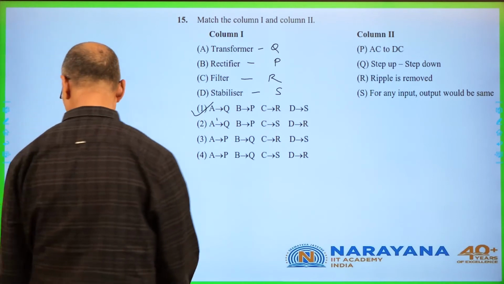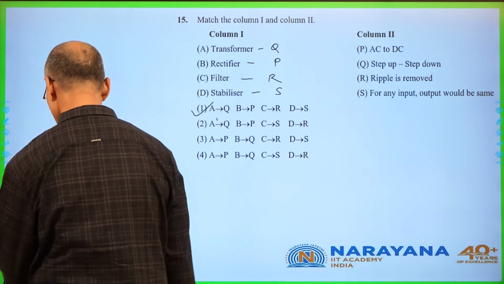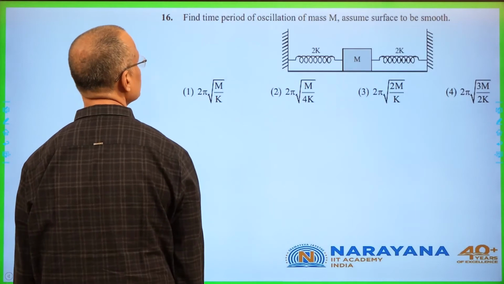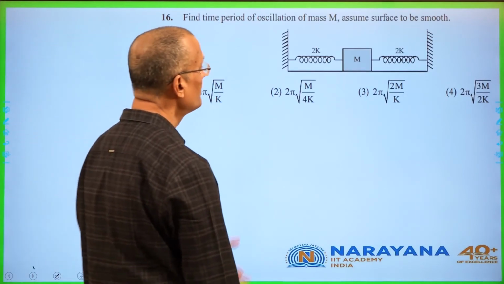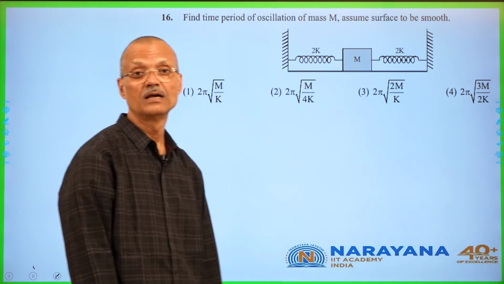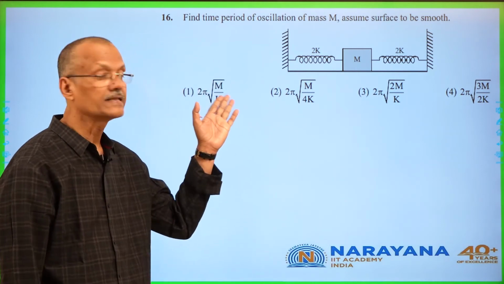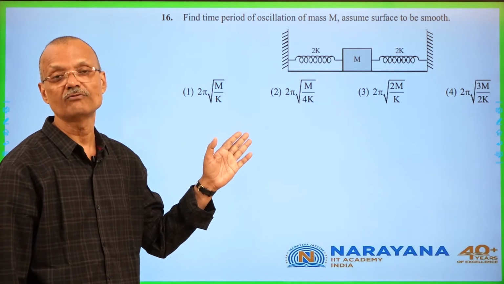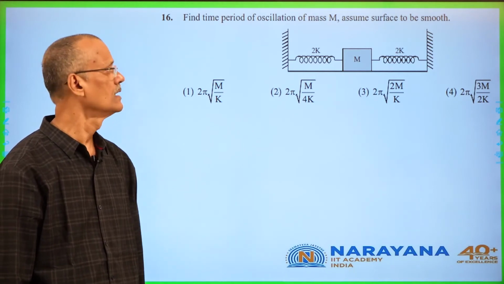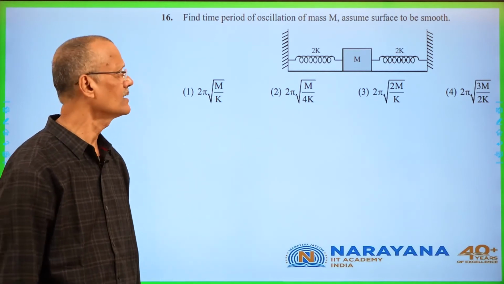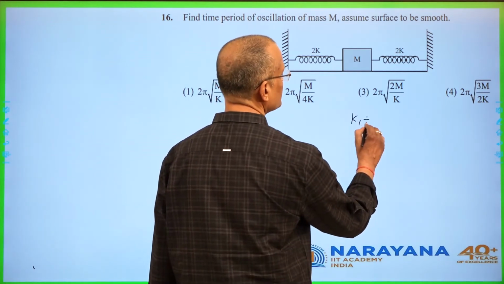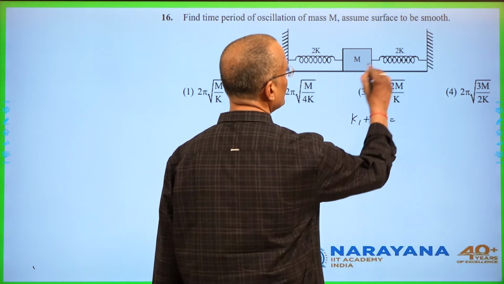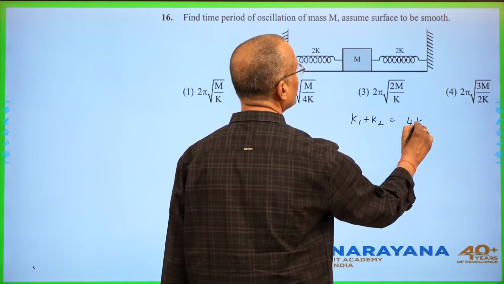Let us move now to next question. Question number 16 now. Time period of oscillation. Verbally you can solve this. You can easily see that this is parallel combination of two springs. If you don't want to take parallel combination, simply you can take K1 plus K2. 2K plus 2K, it will become 4K.